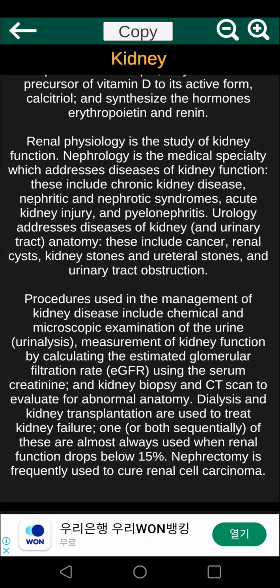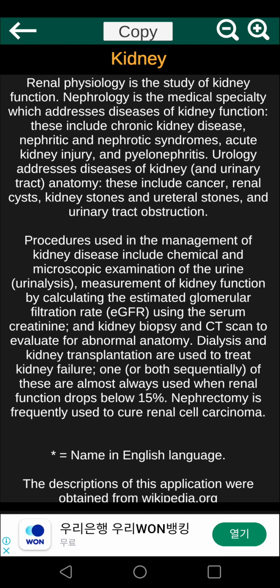This includes cancer, renal cysts, kidney stones, and urinary stones, and urinary tract obstruction.